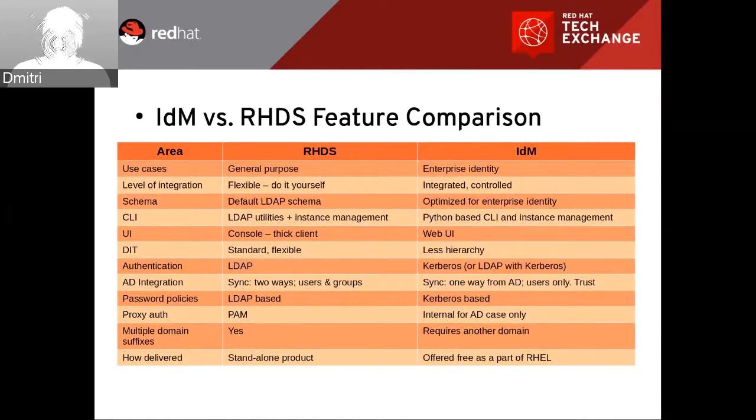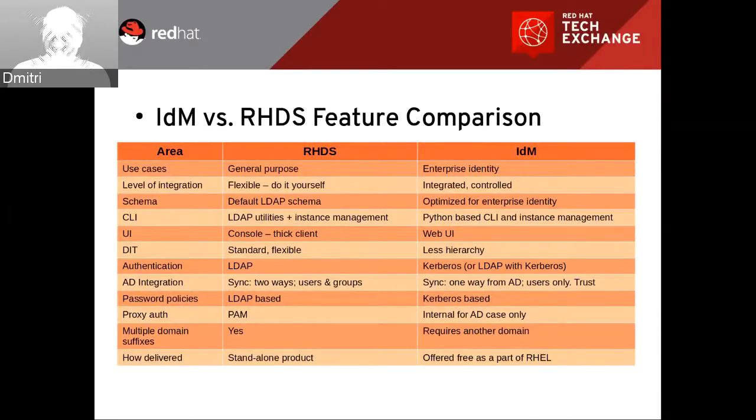These systems can be pointed to IdM, and IdM for them will keep a special view in the directory so that the users from Active Directory are presented in this view, and thus it acts as a proxy. So it's a special proxy for this special use case for the legacy Linux clients and for Unix clients that do not understand trust. We'll talk about that again in more detail later.